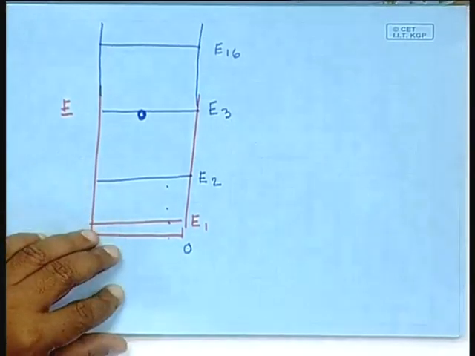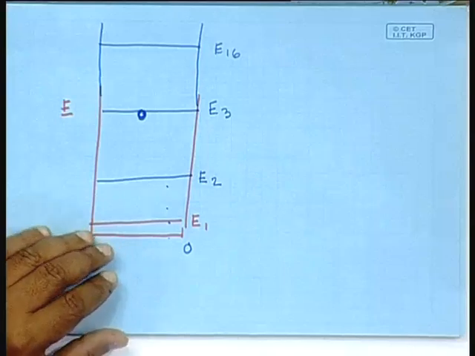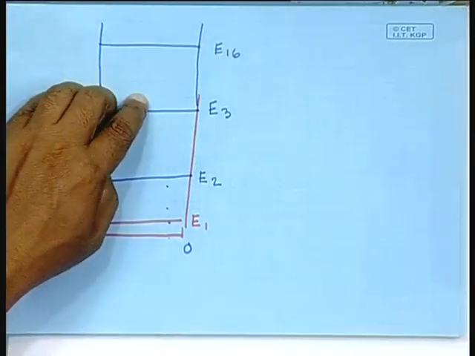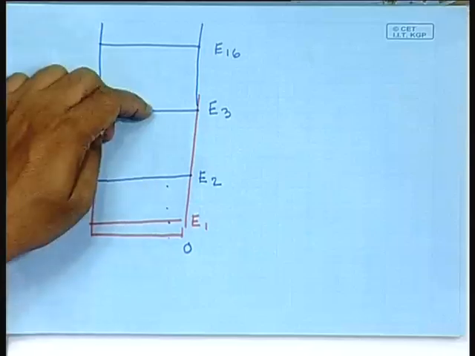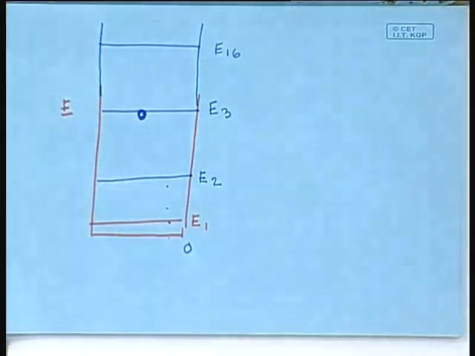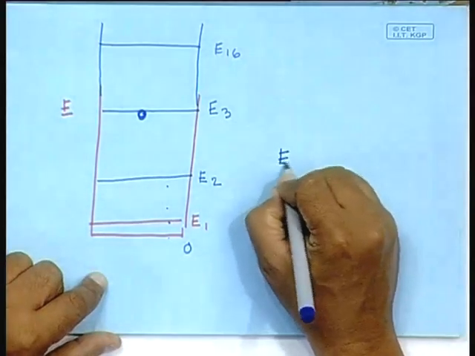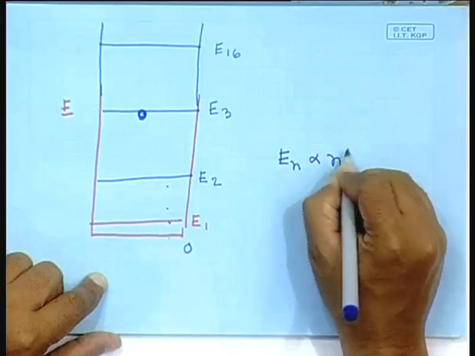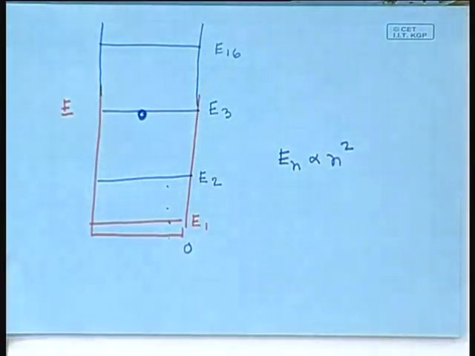This small doped region is called a quantum well, and you can have particles trapped inside this. The energy levels of particles inside this are approximately proportional to n squared, as you expect in a potential well, like the potential well which we have discussed.